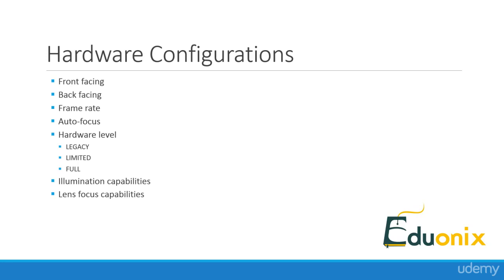A legacy device does not support per-frame control, manual sensor control, manual post-processing, arbitrary cropping regions, and has relaxed performance constraints. Each higher level supports everything the lower level supports, in this order: first full, and then limited, and finally legacy. In addition, the hardware configuration will contain information about the camera features, like illumination capabilities and lens focus capabilities.